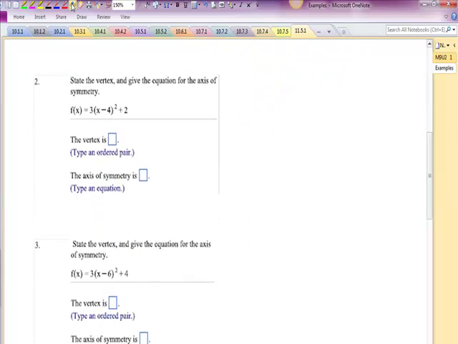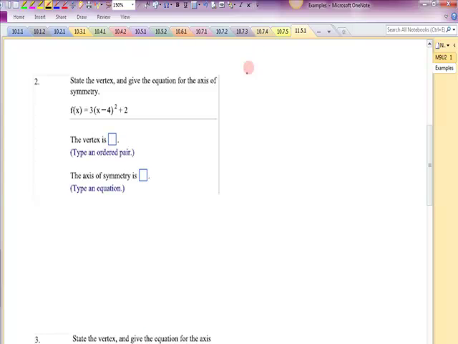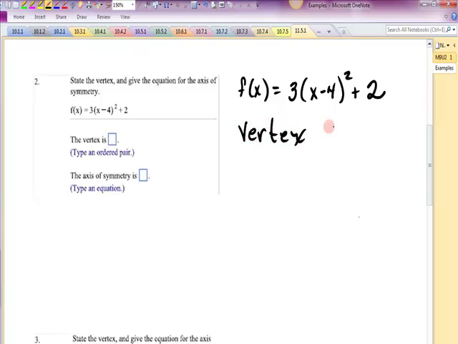All right, let's look at the next one. I have f of x is equal to 3 times x minus 4 quantity squared plus 2. The vertex is the opposite of this number, so it's 4, but it is this number exactly, 2.